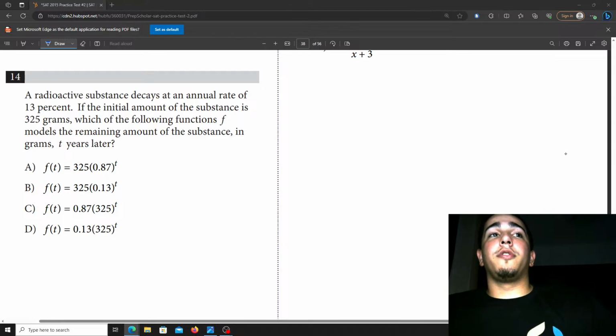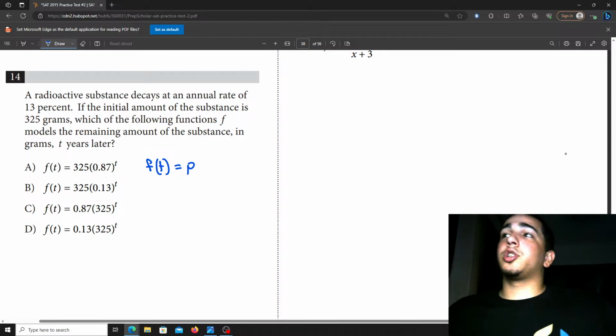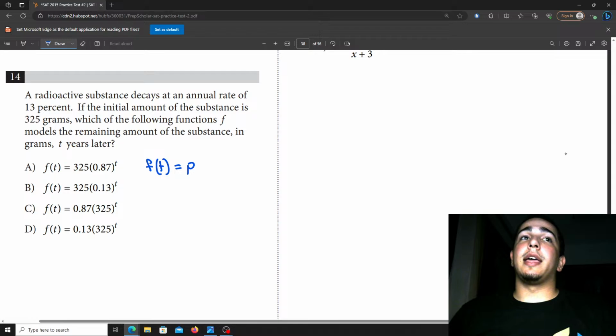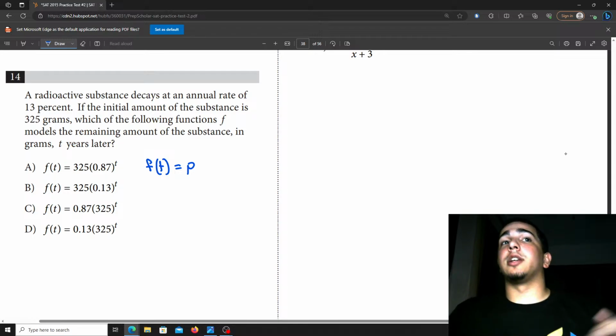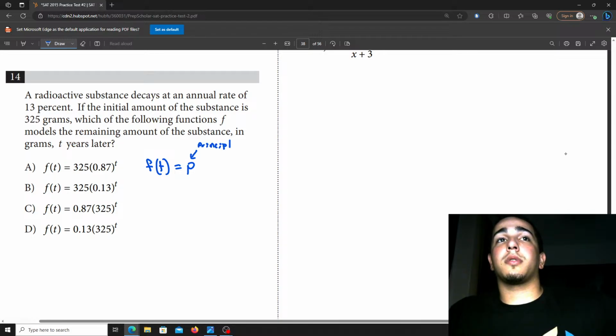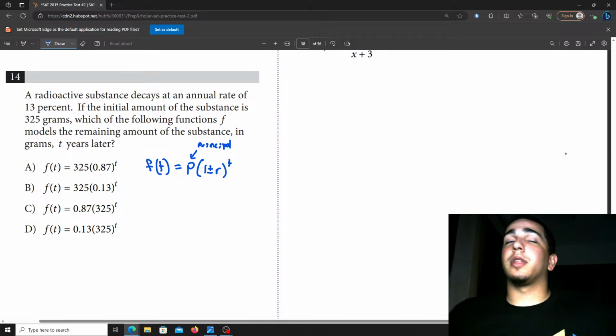So the format of this type of equation is going to be f of t equals the principal amount, however much of whatever they're talking about is there in the beginning, the initial amount, sometimes referred to as the principal, times 1 minus, plus or minus, the rate of growth or decay raised to the power of t.